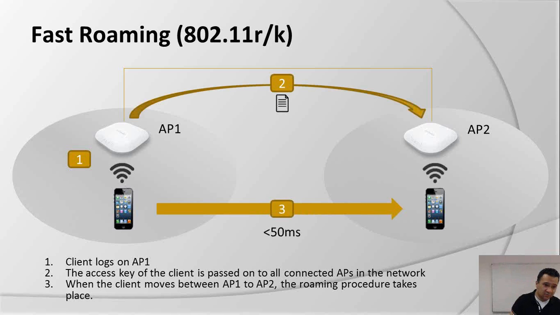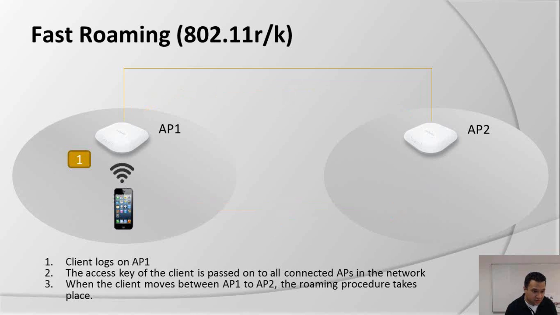And when the client moves from access point 1 to the second access point, the roaming procedure takes place. The restriction here is that you have to use WPA2 security to use this protocol, but that's also shown in the slides here.